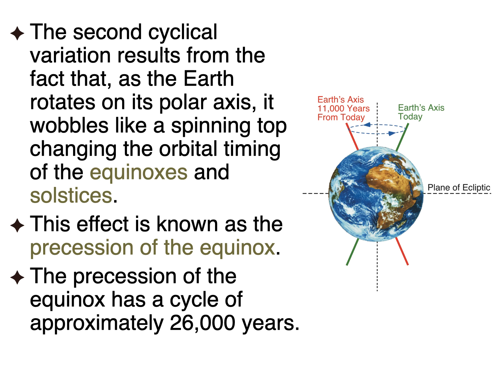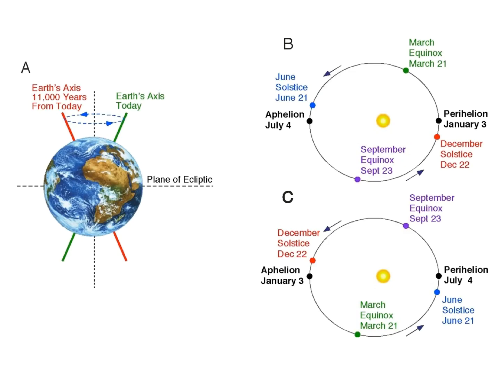This effect is also known as precession of the equinox. The precession of the equinox has a cycle of approximately 26,000 years. So this precession of the equinox changes the timing of when solstices, equinoxes, aphelion and perihelion occur over time.